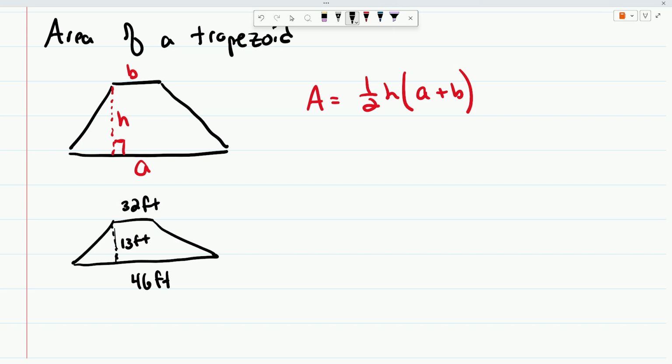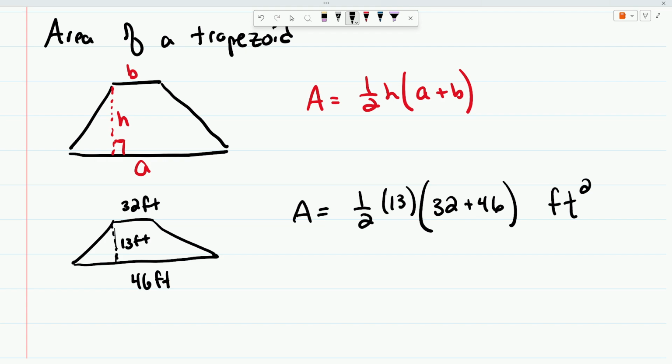So at the end of the day, all we have to do is just make the proper substitutions. So area equals 1/2 times the height, which is 13, times the quantity of 32 plus 46 feet squared.